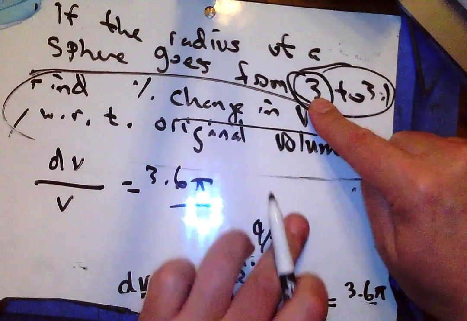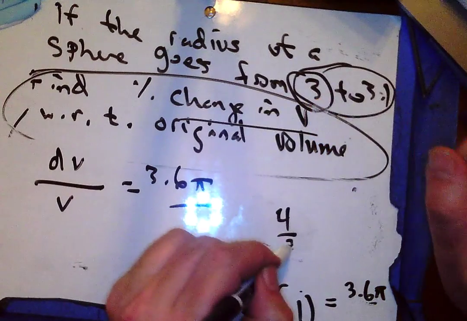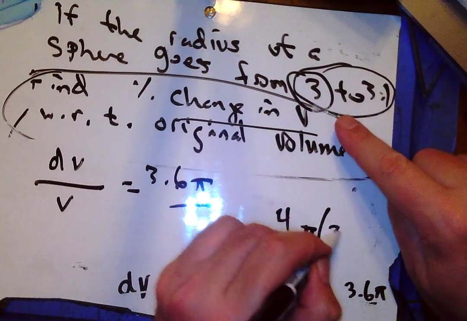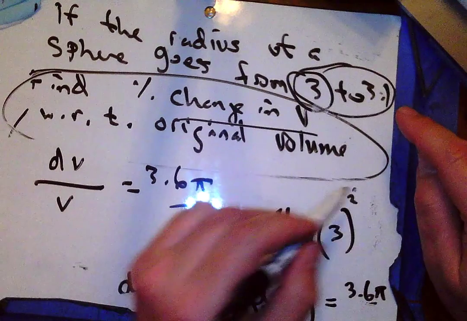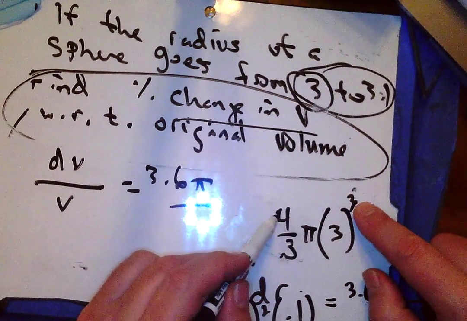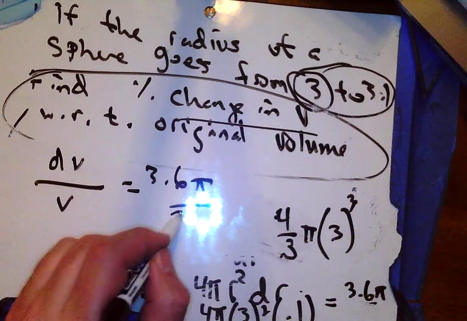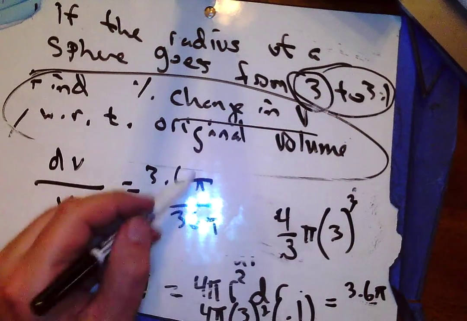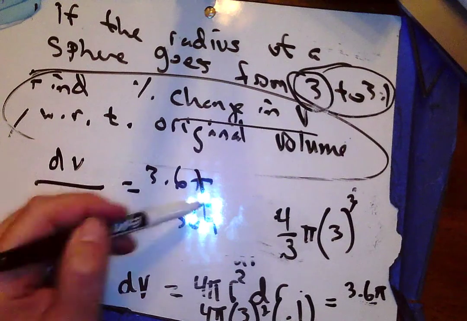4/3 pi and 3 cubed. Sorry, 27 divided by 3 is 9. 9 times 4, 36 pi. And I get 36 pi. Well, and what can you say here?